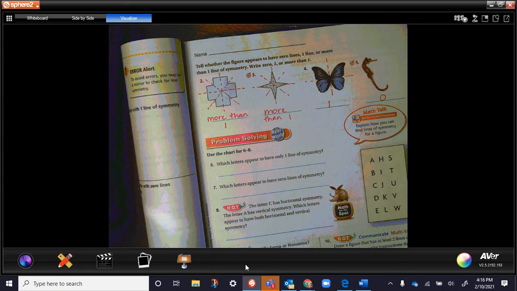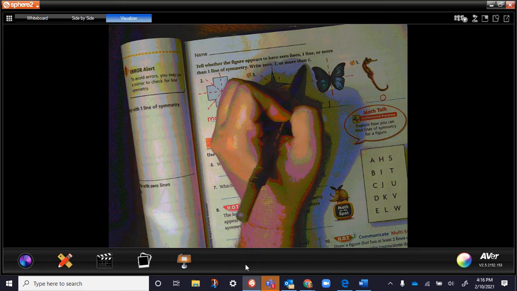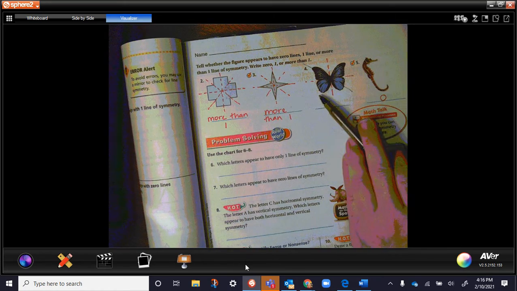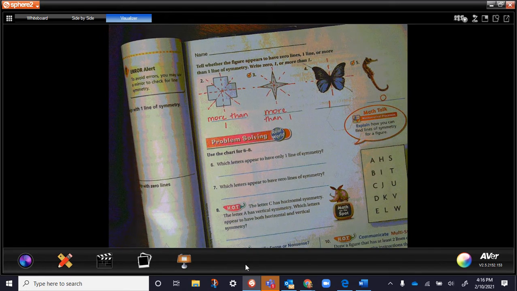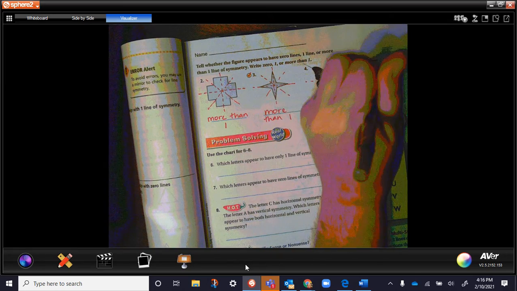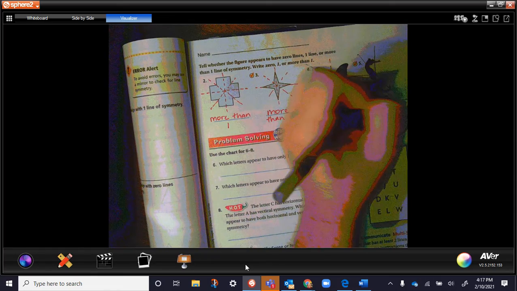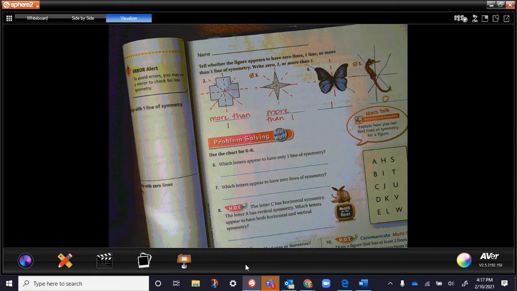If we fold the right side over to the left on that line, nothing would match up. So we said that had one line of symmetry. And with our seahorse, if we do a vertical line, a horizontal line, or a diagonal line, nothing works, so 0 on our seahorse.